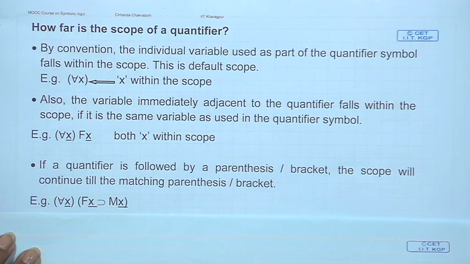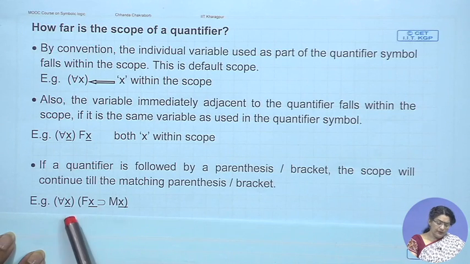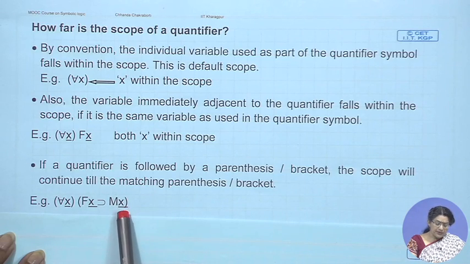For example, take a look. There are 3 occurrences here. The first 2, as you know, were already within the scope of this quantifier. In order to bring this third occurrence within the scope of the quantifier, what we have done is to use this parenthesis. Get it?